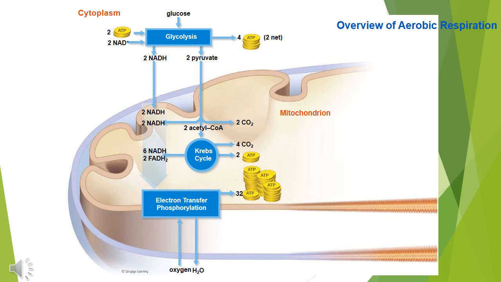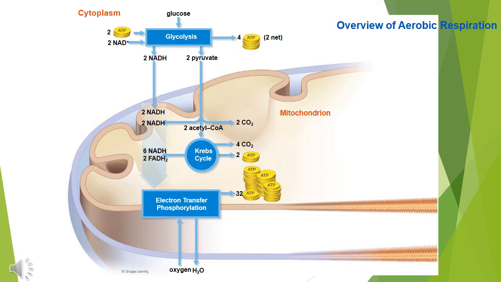So from 6 glucose molecules, we've netted 32 ATP molecules. That is a lot of energy, and I want you to remember that when we start talking about anaerobic respiration. Note the difference in how much ATP is being netted in this case. And then the next slide will explain this electron transfer chain.